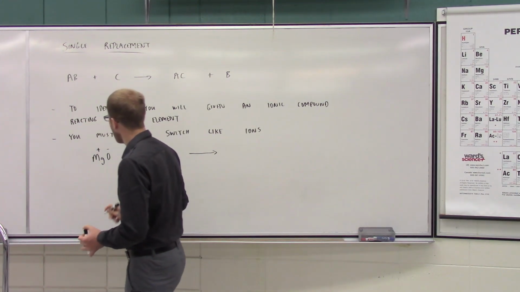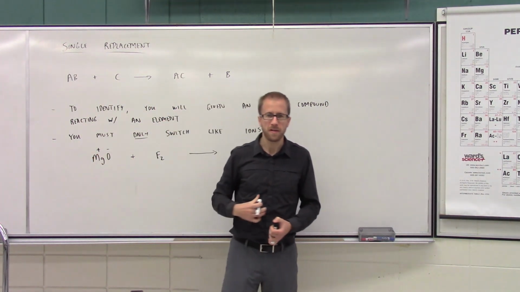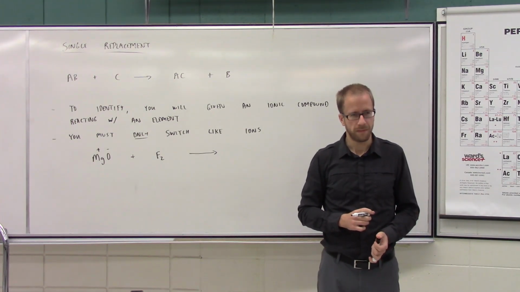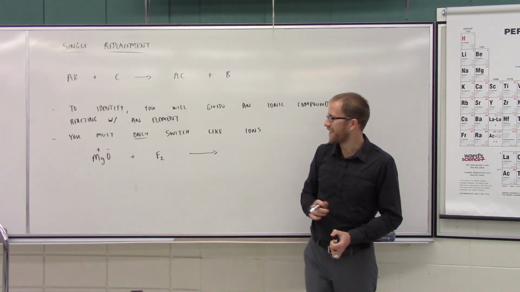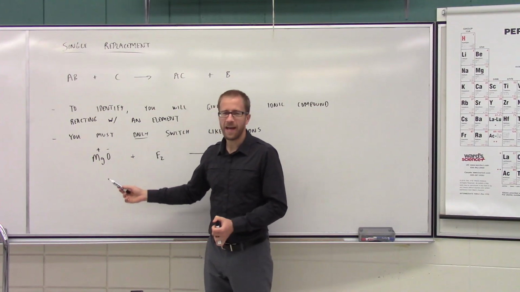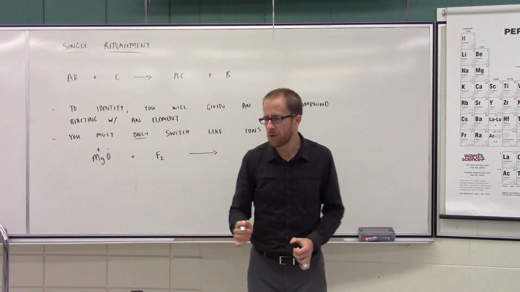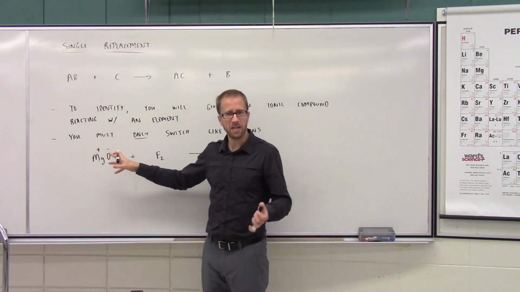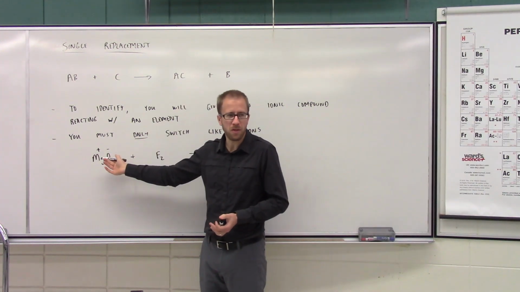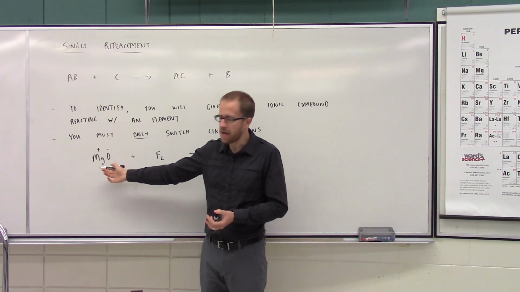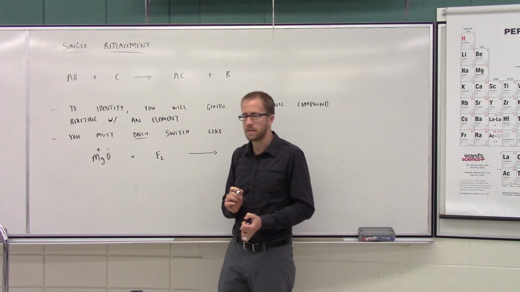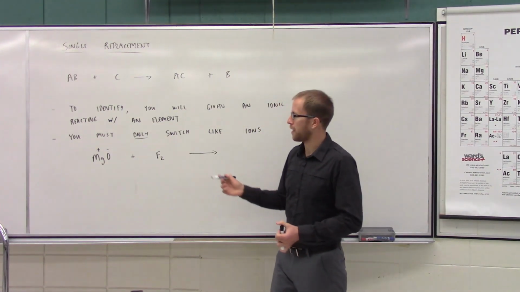And the nice thing about ionic compounds is, what do we always list first, the cation or the anion? Okay, right, the cation, right? We list the cation first, and then we list the anion second. So when you're talking about your ionic compound, you don't really need to worry too much about what has what charge, because it's given to you in the order of the elements that are provided, right? Cation is always listed first, anion is listed second. This is where you need to do the thinking though.